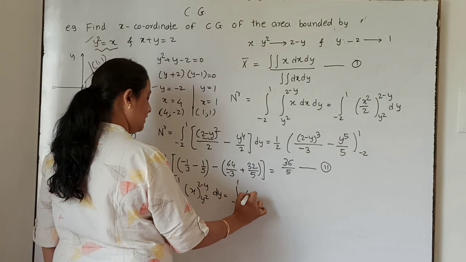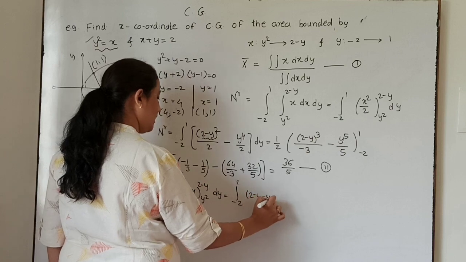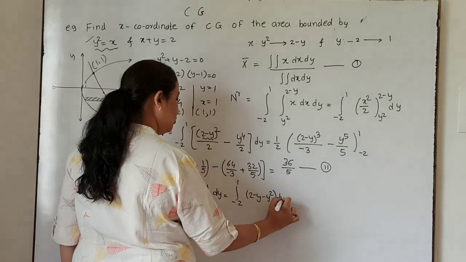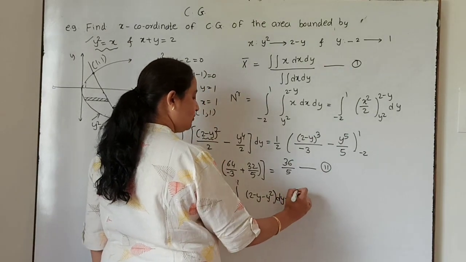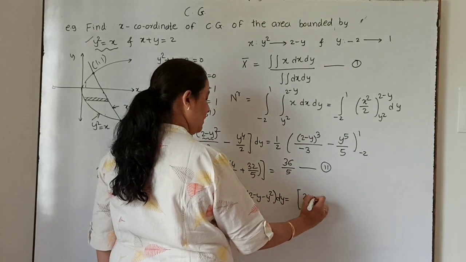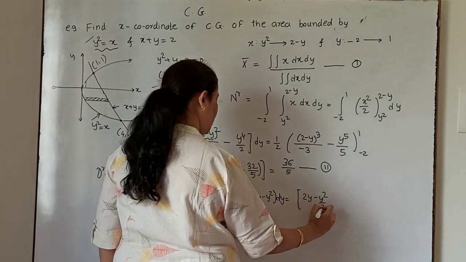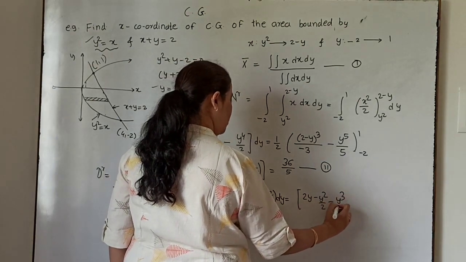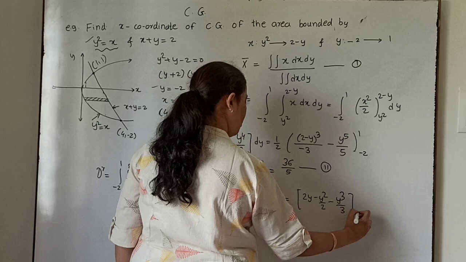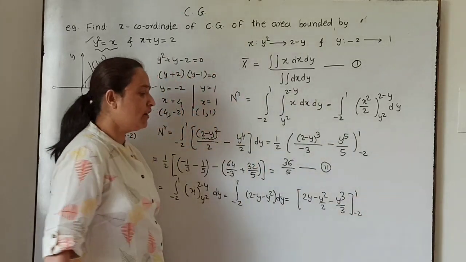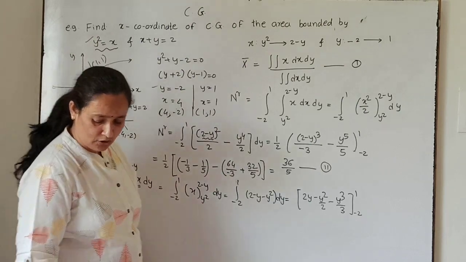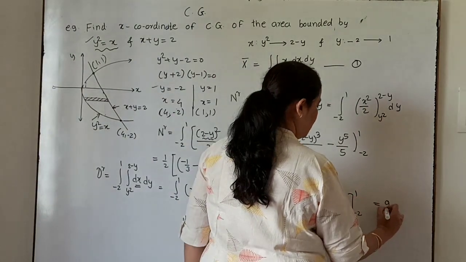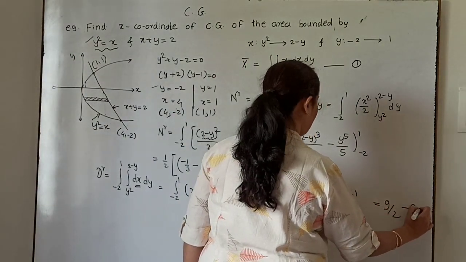If you apply limits, it is 2 minus y minus y square into dy. If I integrate this with respect to y, you will get 2y minus y square upon 2 minus y cube upon 3. Limits from minus 2 to 1. If we apply limits, upper limit minus lower limit, you will get the answer 9 by 2. Say this is equation number 3.